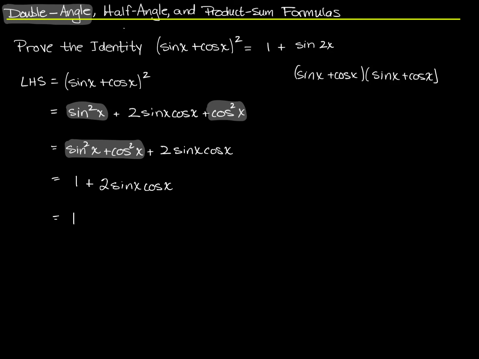And that's 1 plus. Now I need to use the knowledge that the identity sine of 2x is equal to 2 times the sine times the cosine of x, that those two things are equal. So I can rewrite this as the sine of 2x. And that is my right-hand side. So my proof is complete.